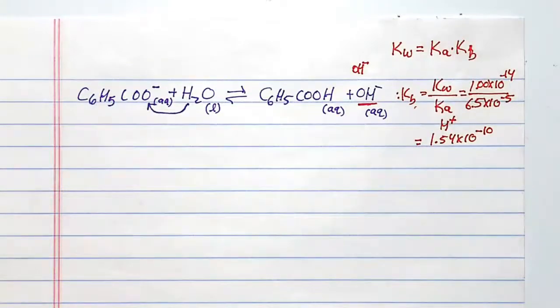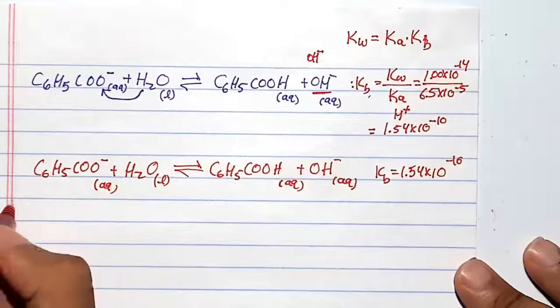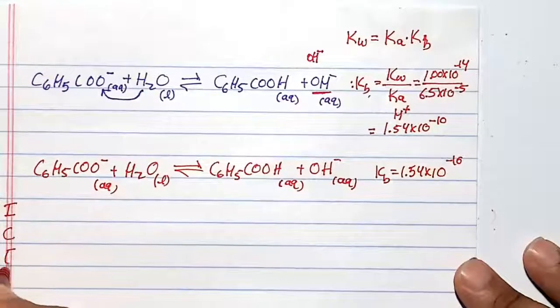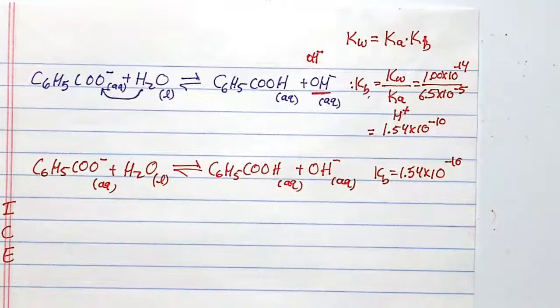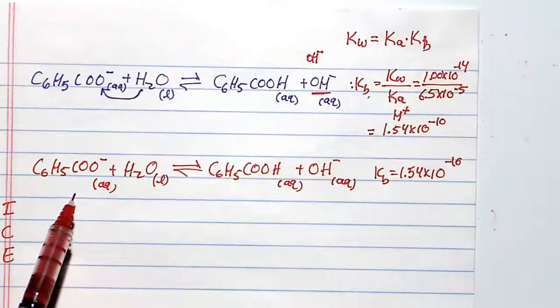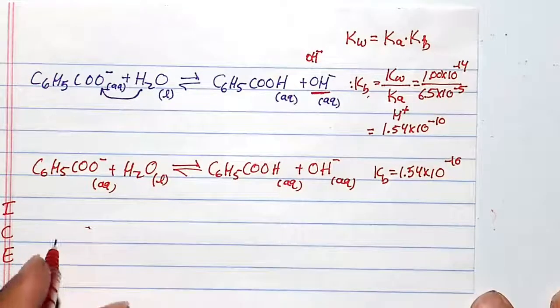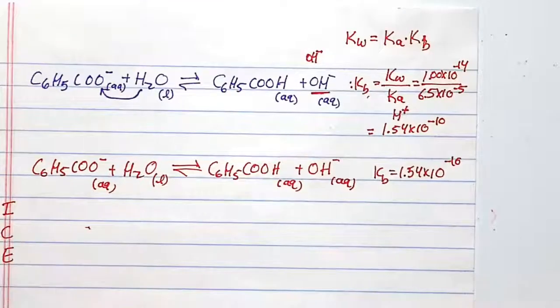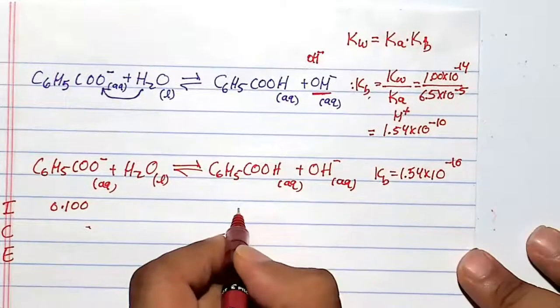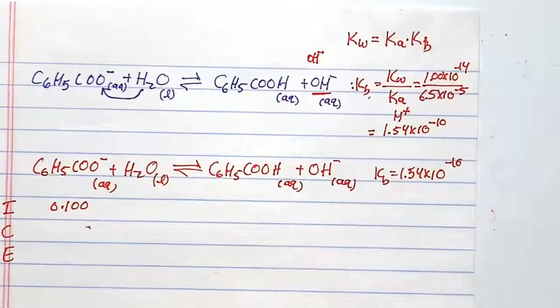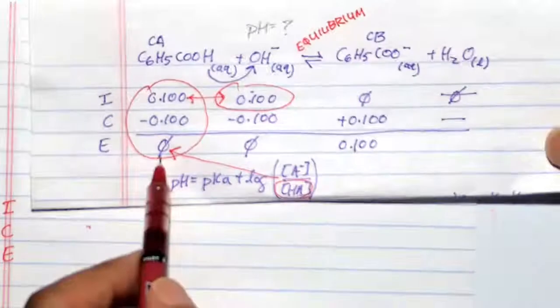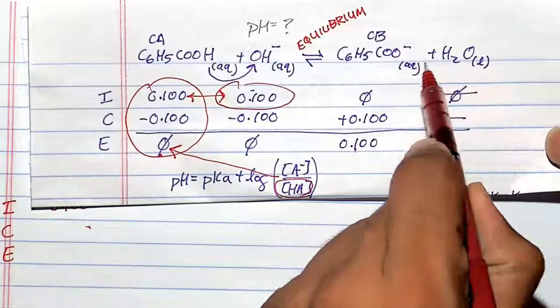So now let's do our ICE table one more time. Remember, in our first ICE table, all of the weak acid was eaten up by all of the strong base. Now, in the back reaction, some of that weak base is going to pick up a proton from water. So the concentration initially formed is what we're going to use. Now the concentration of this is not 0, because now I'm using the back reaction.